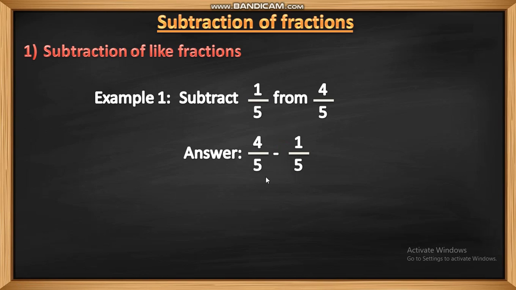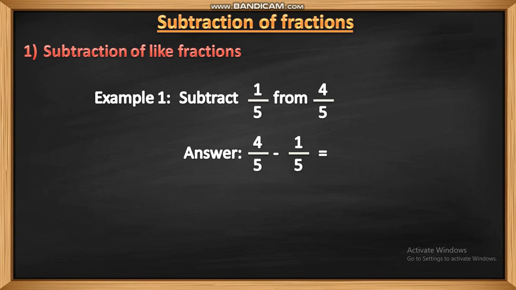Here check whether the denominators are the same or not. In this case the denominators are the same. We have 5 as denominator and the second number also has 5 as denominator. If the denominators are the same, then you can simply write the answer.